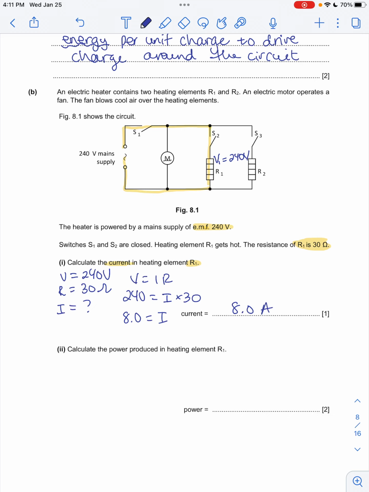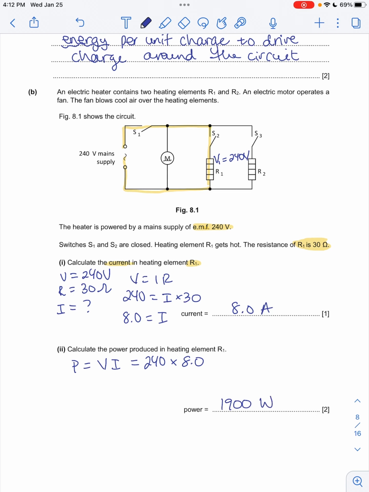Now I want to find the power. There are multiple ways to find the power. The most obvious equation, I think, is P = V times I, and that's actually the equation that the mark scheme prefers. So we use 240 times 8 amps, and you end up with a power of 1920, the unit is watts.